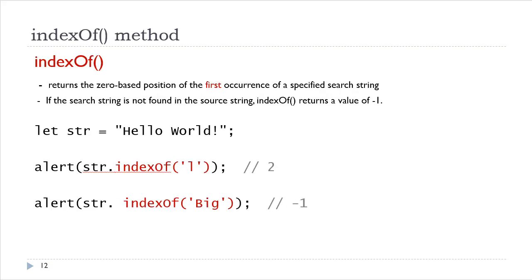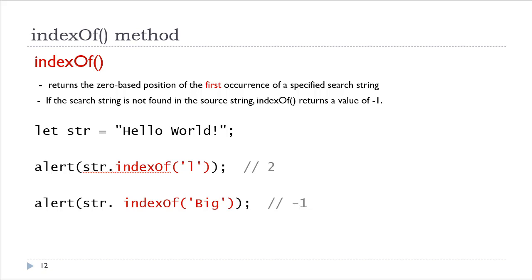The indexOf method. This returns the position of the first occurrence of a specified search string. So here you need to pass it the search string that you are searching for. Again, strings are zero-based, so if this was in the first position, it would return 0.